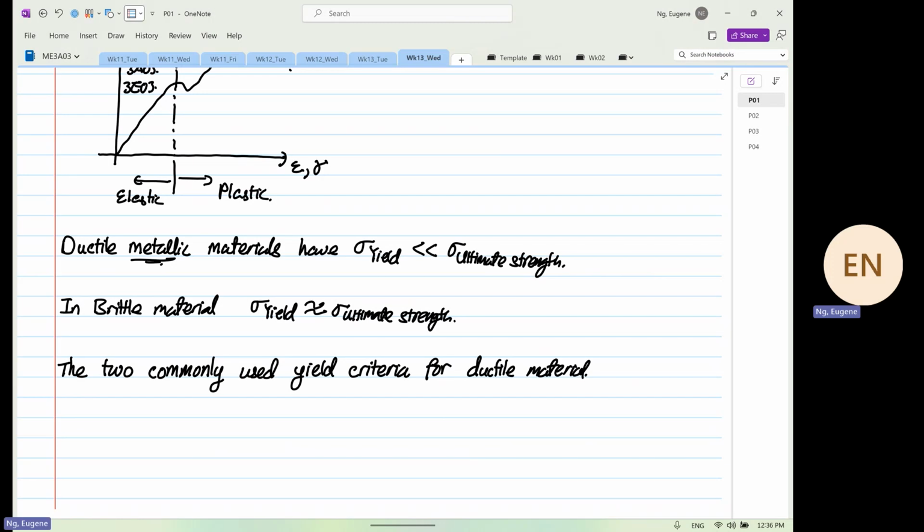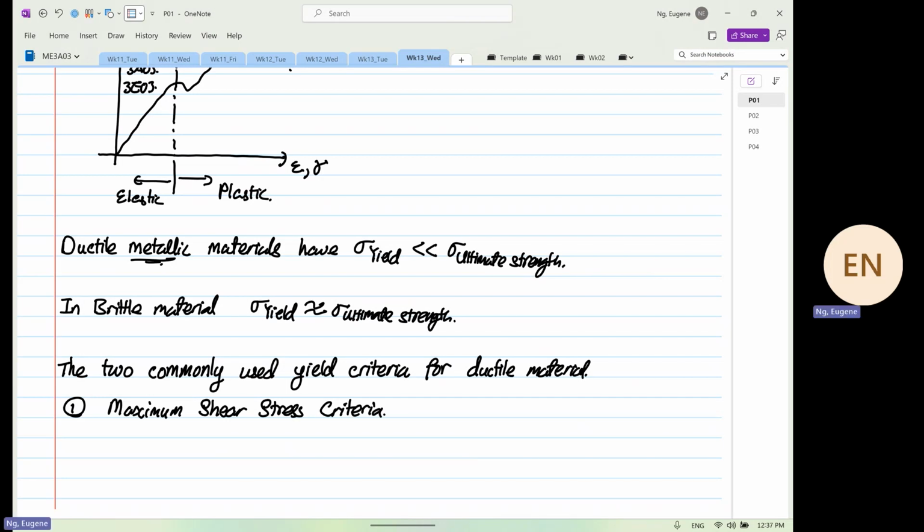The first one is known as the maximum shear stress criteria.